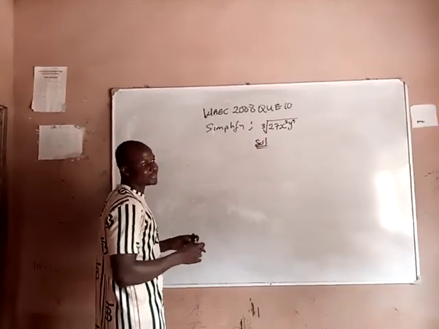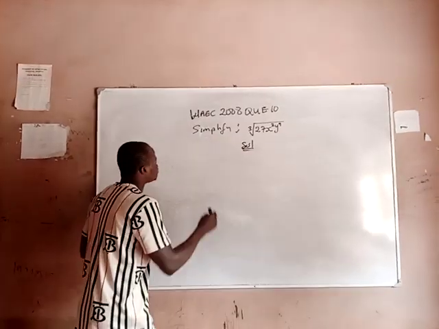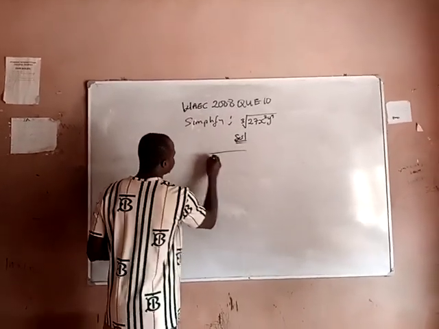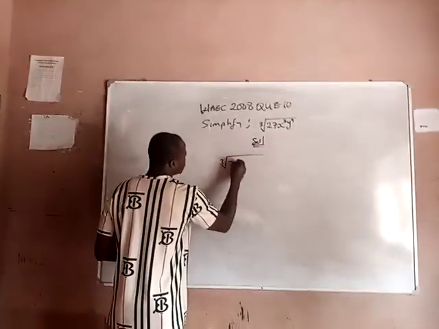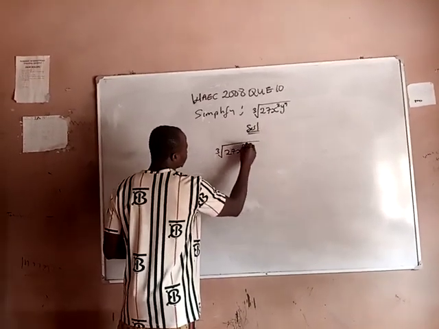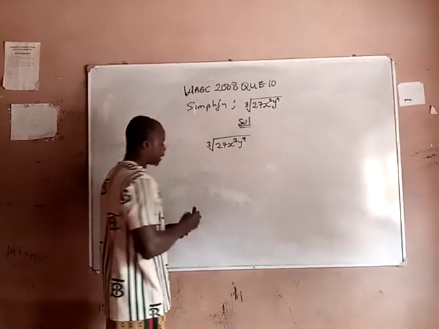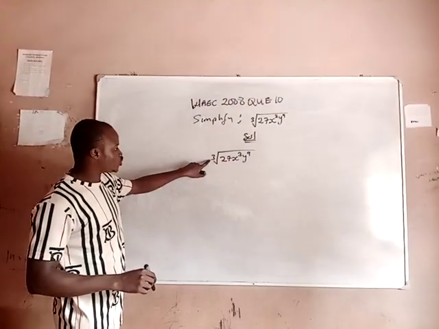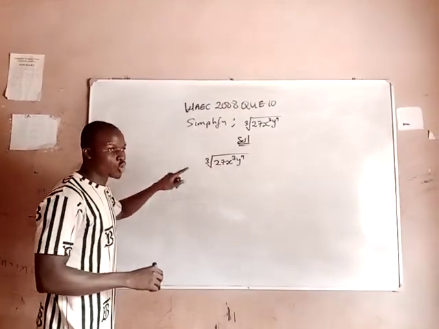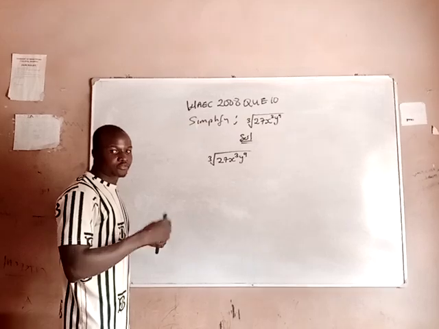Just listen attentively. We have the cube root of 27x^3y^9. This is a cube root, because it is 3. If it is 4, it is called a fourth root.